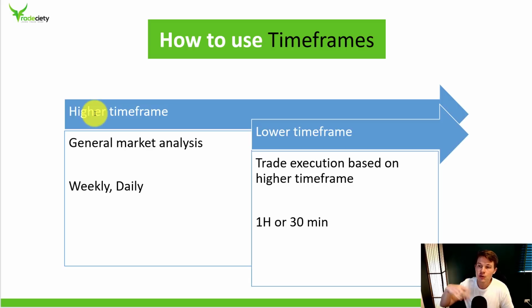And then we can go to the lower time frame once we have established the higher time frame idea and general direction. And on the lower time frame, you generally execute your trades. You can really pinpoint your entry into the right moment when you're ready to take a trade based on the higher time frame analysis. I will show you that in a bit.